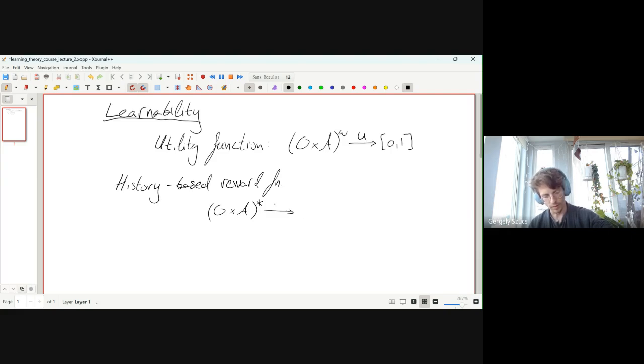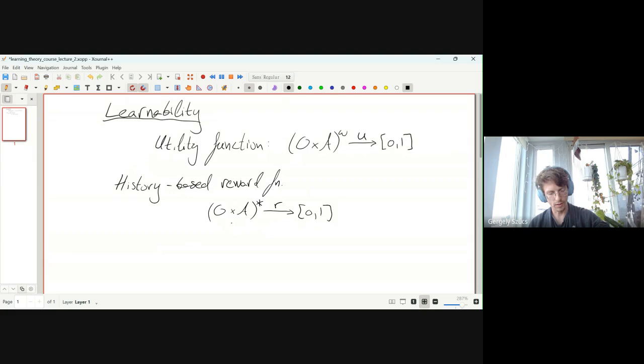I call this R, and it outputs a real number in the interval [0, 1]. So it sort of says, okay, here's what happened so far, how much reward is associated to what has happened.